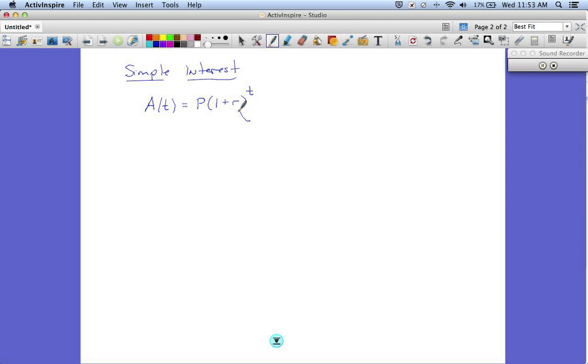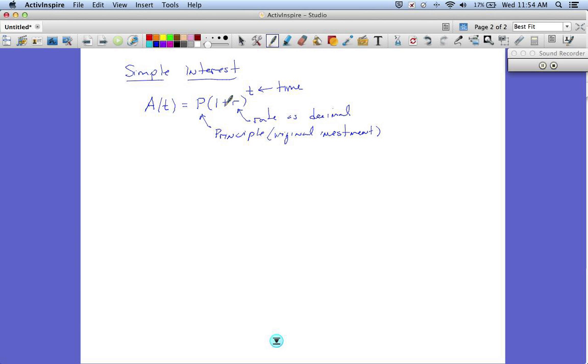This is your rate as a decimal, and this is your time. And of course, P is your principal, your original investment, or if you're purchasing a car, your purchase price.